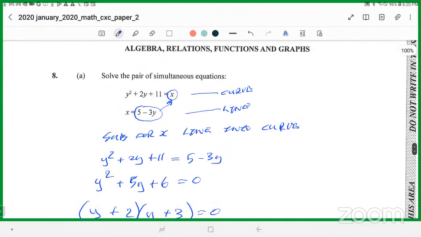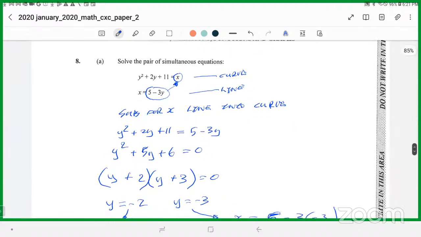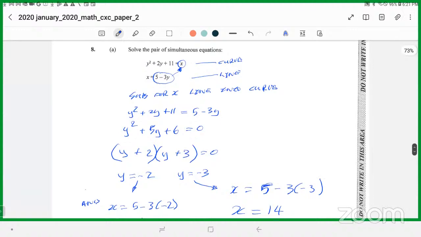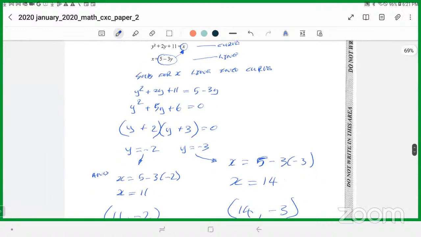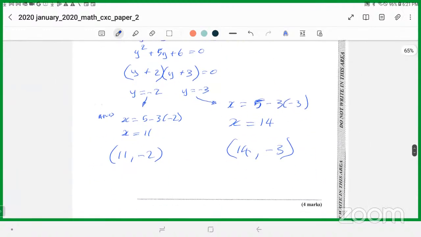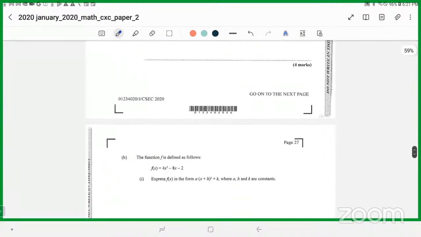But you are blessed in this question because they already had x as the subject of the line equation, and so we substitute for the x that is in the curve equation. Generally speaking, you use the substitution method when it's a line and a curve. For the majority, 99% of them, that's the method they use: substitute a line into the curve for one of the variables.